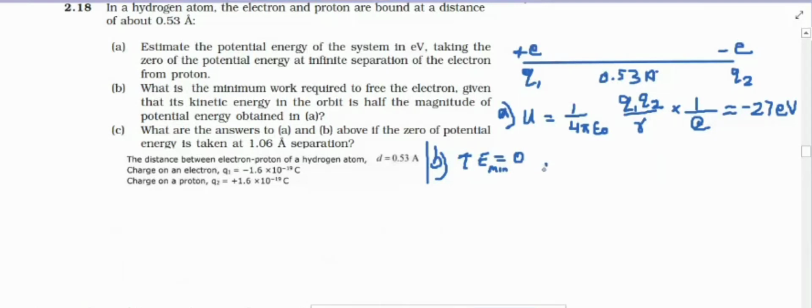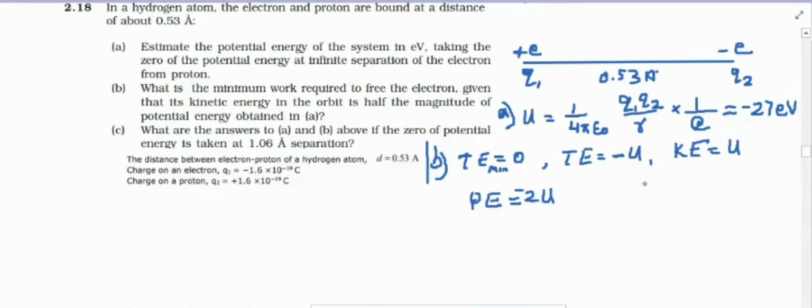And how much is the total energy? We know the relation: if total energy is minus U, then kinetic energy will be U and potential energy will be minus 2U. That's the relation connecting kinetic energy, potential energy and total energy.